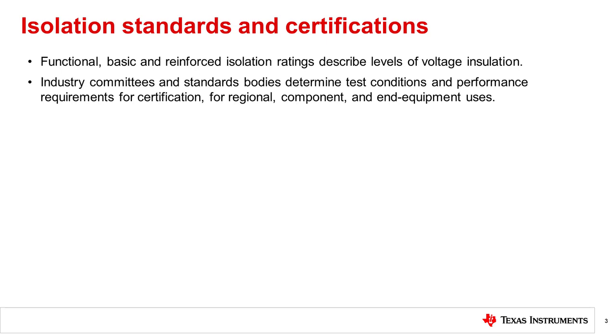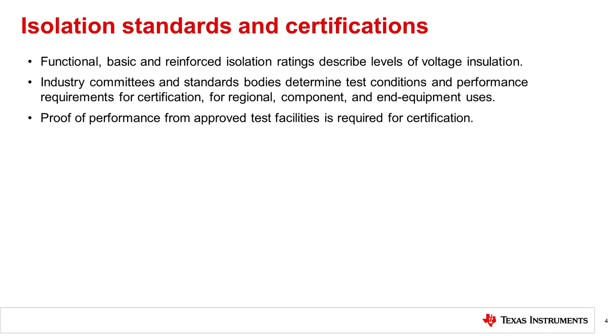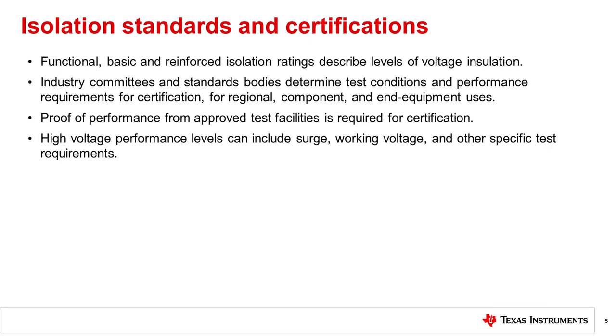That achieving system level and component level certification requires proof of performance in defined test conditions and in approved test facilities. That high voltage performance levels are defined by specific industry standards tests and can include surge, working voltage, and insulation requirements. And lastly, that devices meeting industry standards are specifically identified through certification, which should be available on the vendor website.